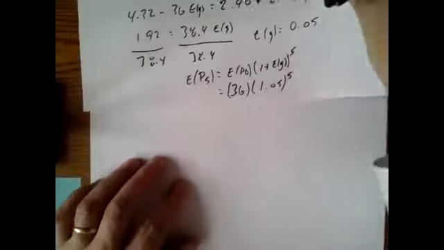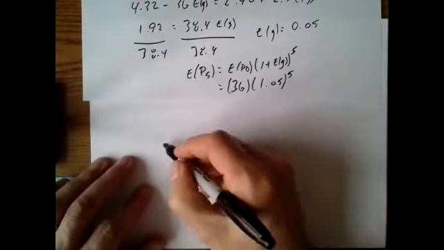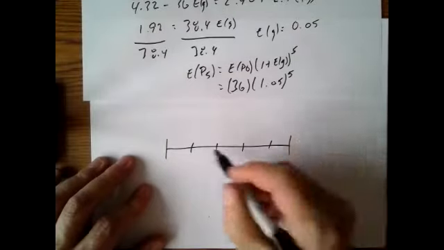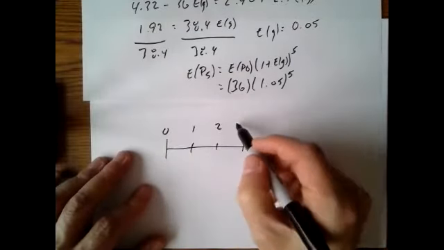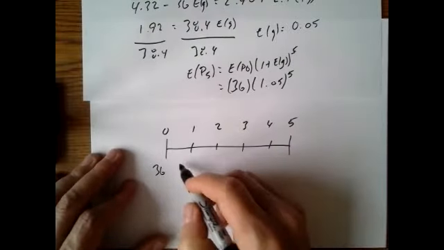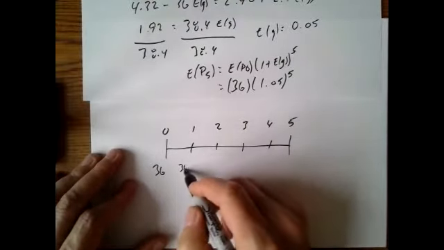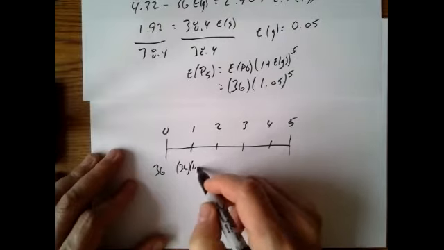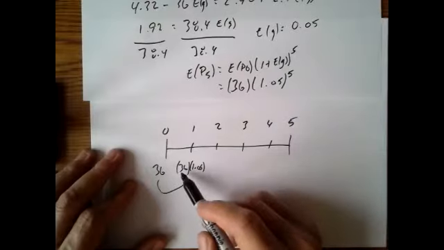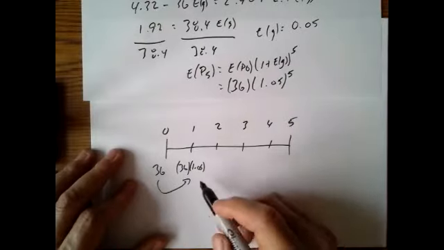A timeline might be helpful in this case. So I have time 0, 1, 2, 3, 4, 5. I start at 36. Time 1 is going to be 36 times 1.05. So to get from time 0 to time 1, I'm going to multiply 36 times 1.05.